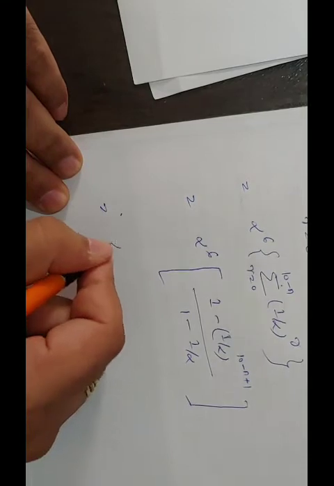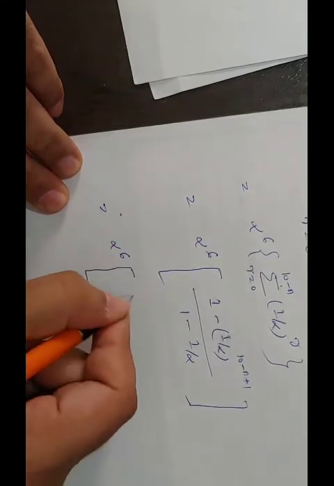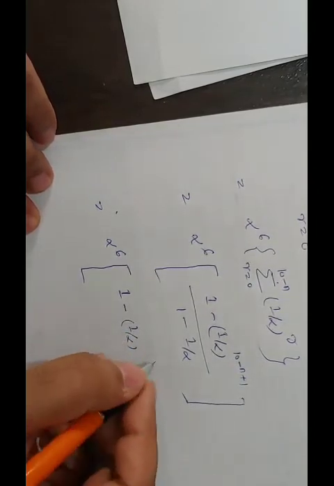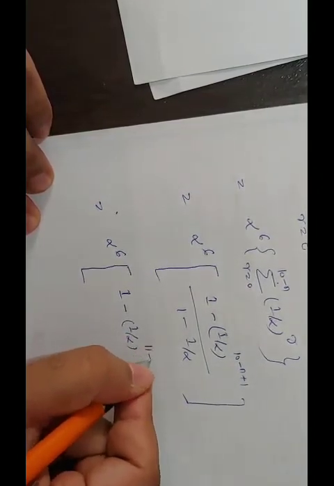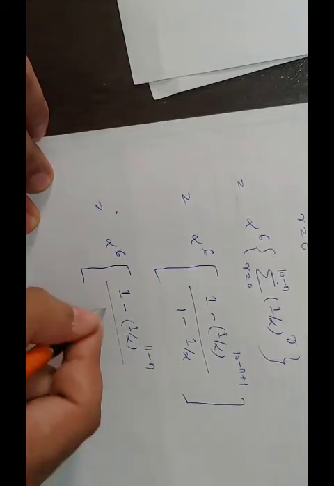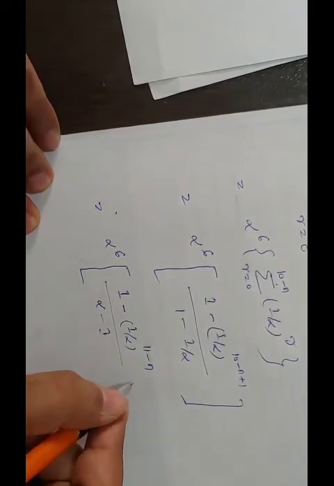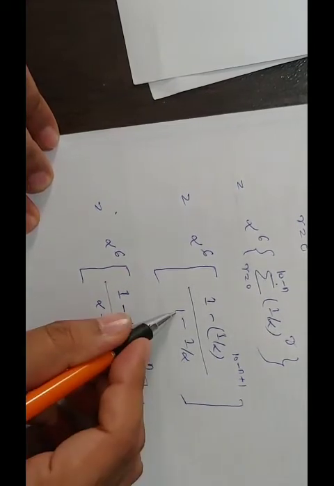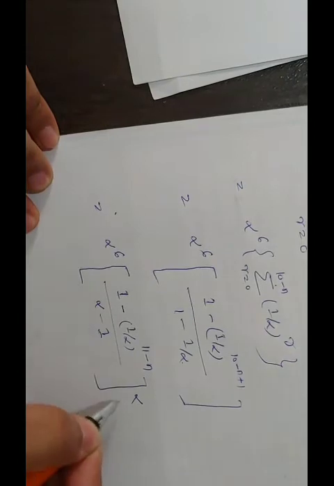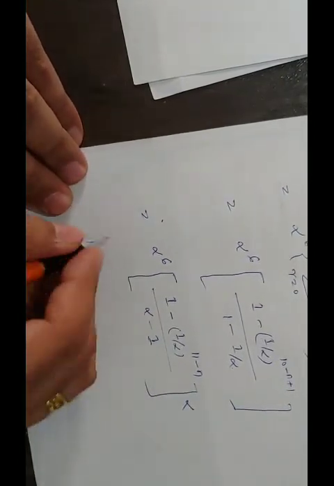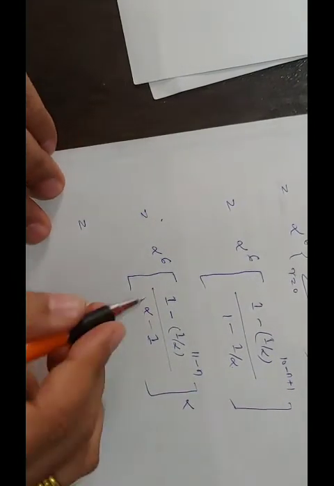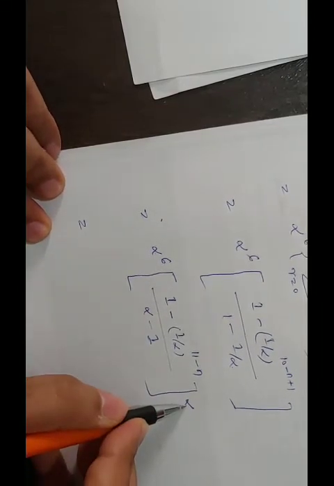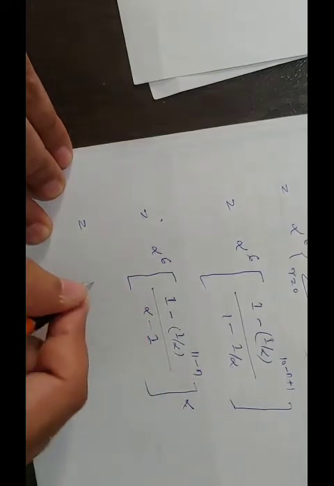Now let us simplify this one. Alpha to the power 6, 1 minus 1 by alpha to the power 11 minus n divided by alpha minus 1 into alpha. That means I have taken LCM, alpha minus 1 divided by alpha. So I have brought alpha this side. So totally it becomes alpha to the power 6 into alpha to the power 7. Let us multiply alpha to the power 7.